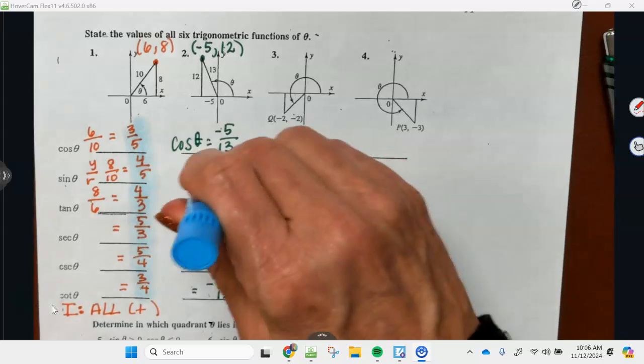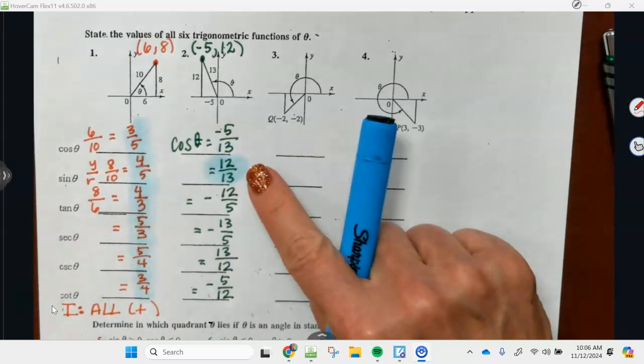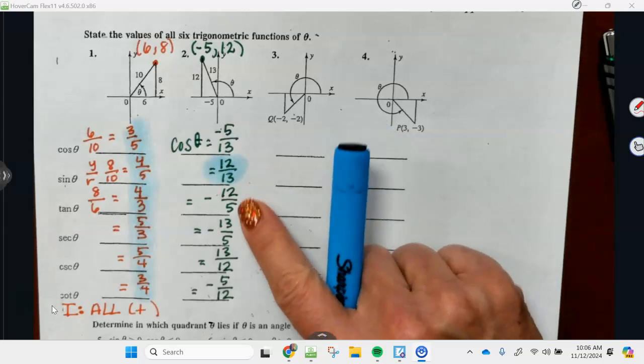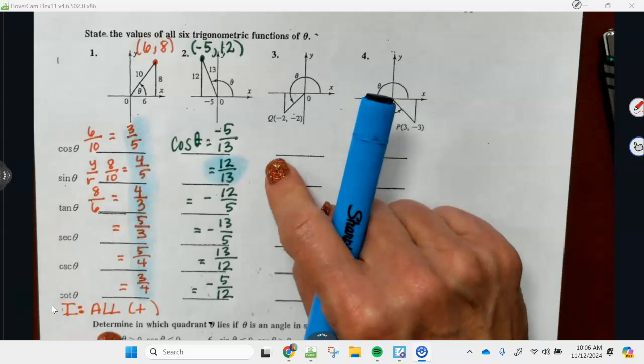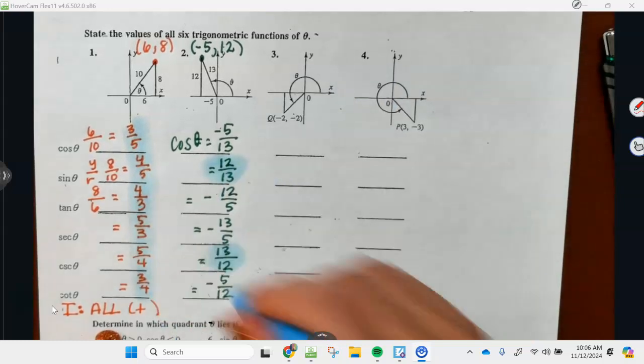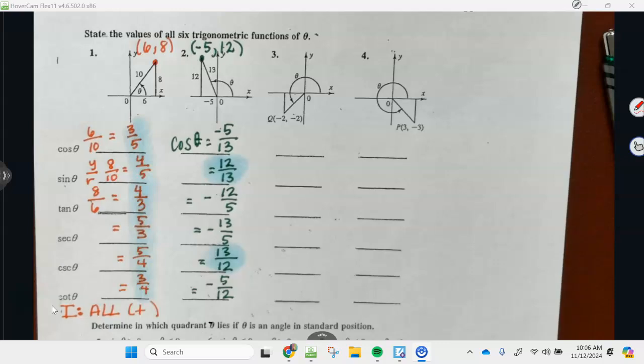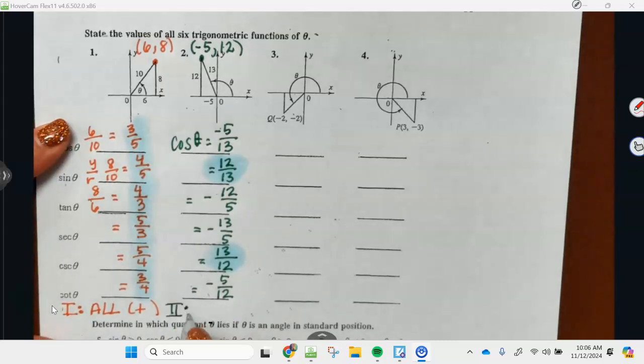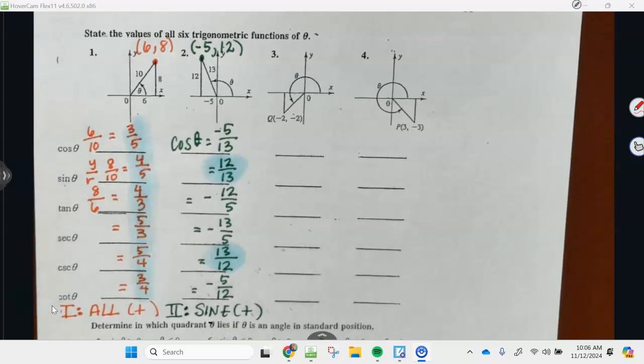So in quadrant 2, sine was positive. What else was positive? What else did y'all highlight? Cosecant. Very good. Now, guys, remember, cosecant's based off sine. So when I write a summary right here about quadrant 2, I'm just going to say that sine is positive, because if sine is positive, then I know cosecant's going to be positive. Only sine is positive in quadrant 2.